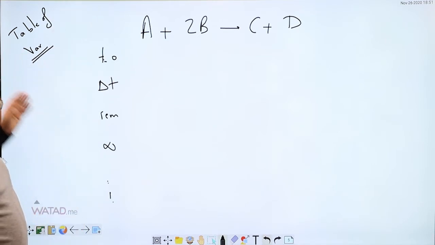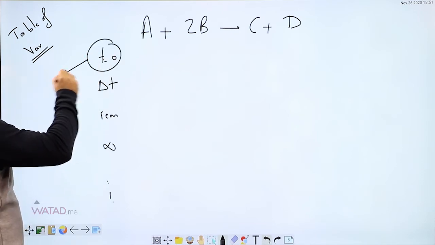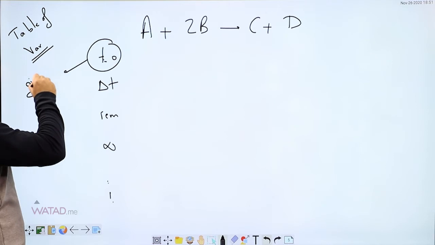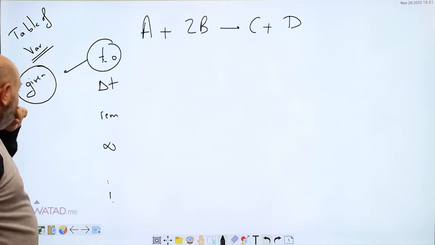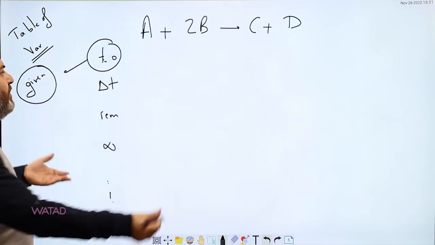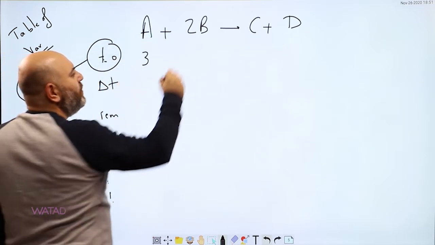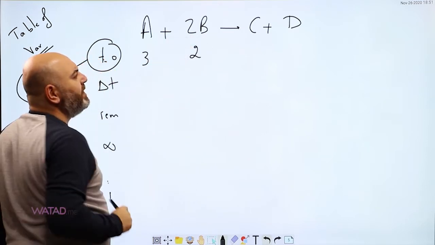Initially, this is something you are not responsible about. This is initially, it will be given. Given يعني it depends. هو بيقول لي we mix 1 mole 5 mole. Therefore, I will mix here 3 mole of A with 2 mole of B.